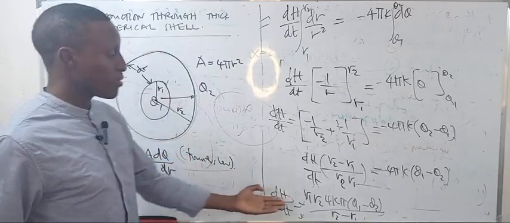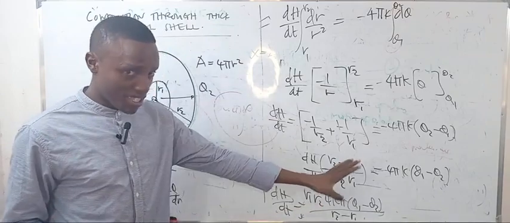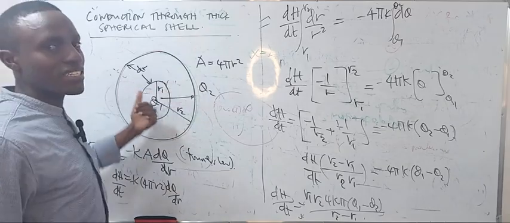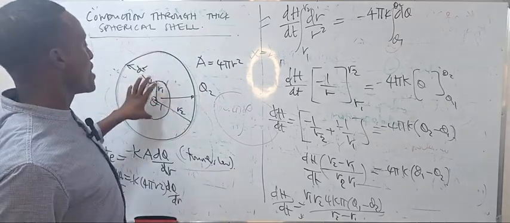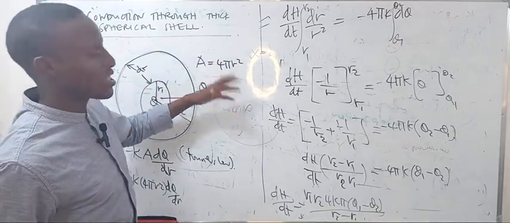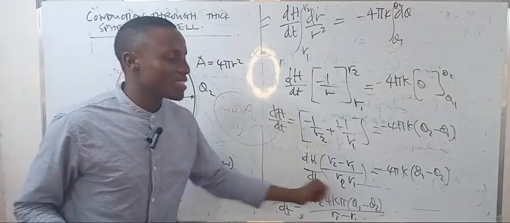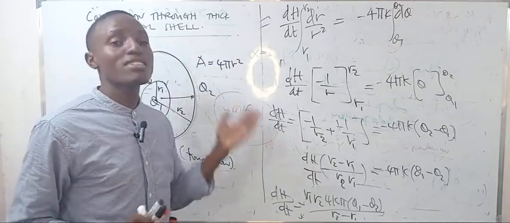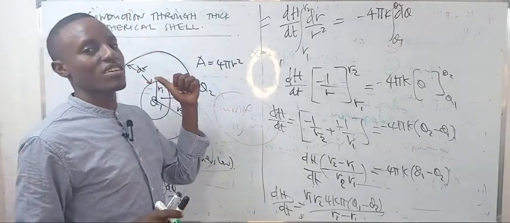To get positive values for the rate of heat, you need to take the largest radius minus the smallest radius, and the largest temperature will be the inside, as heat flows to the cold junction, which is theta 2. So you take theta 1 minus theta 2. If you get that in your derivation, you are correct. If you get the reverse, it means you forgot about the negative.